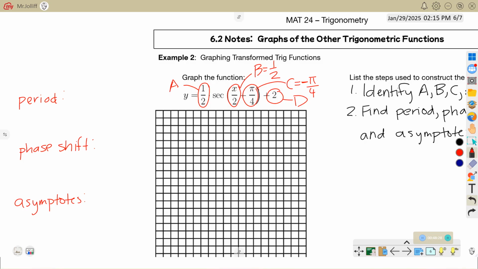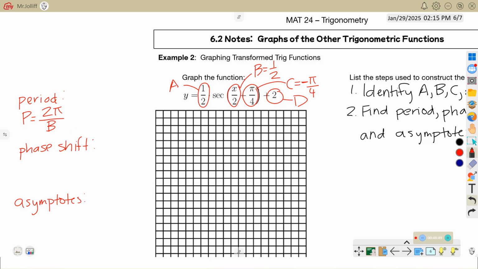How do we calculate period? Something over b, and I heard a 2 pi over b. Why 2 pi? Because it's a secant or a cosecant. Yeah. It's only tan and cotan that have the shorter period. Good. So we plug in our b.